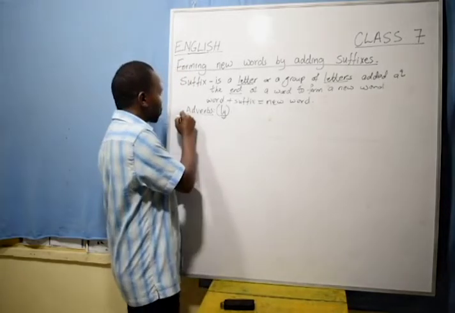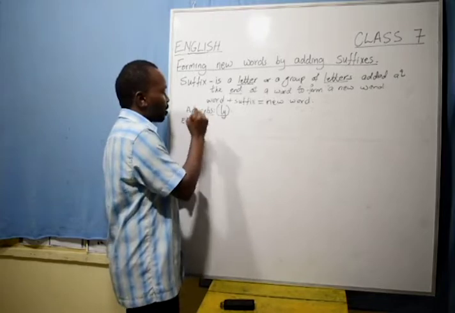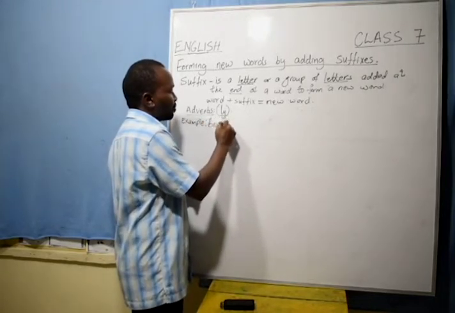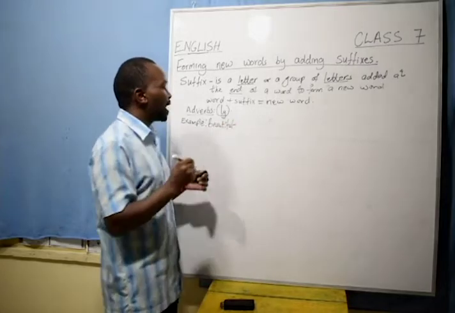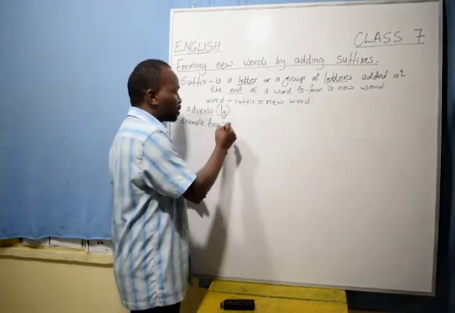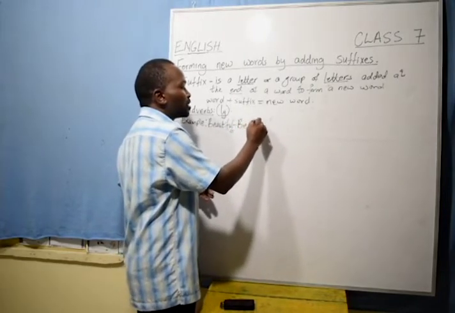For example, we have the word beautiful. We can form a new word by adding the suffix ly to this word beautiful, and the new word will be beautifully.